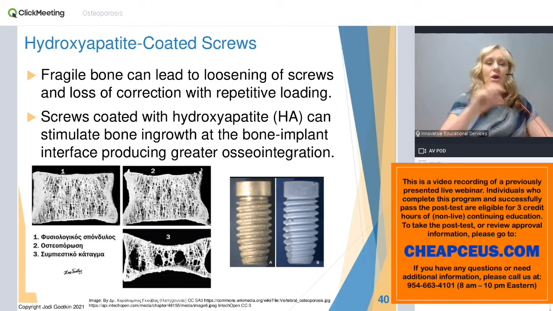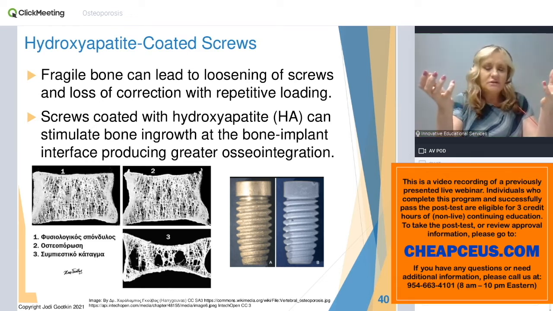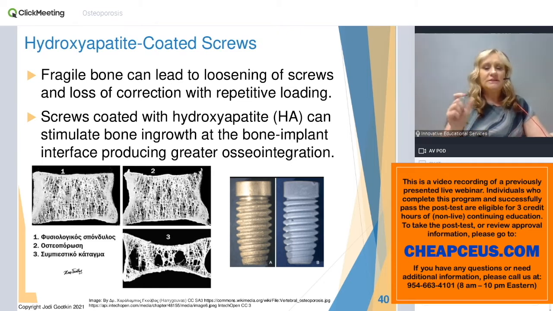They're also looking at coating the screws that are placed in different fracture sites. If we look at this osteoporotic bone on the left, the vertebral bodies, imagine trying to fixate into that when it's fractured. There's nothing there to hold on to. Augmentation methods are being developed to utilize different surface coatings on screws and hardware that are going to improve the performance of the implants.